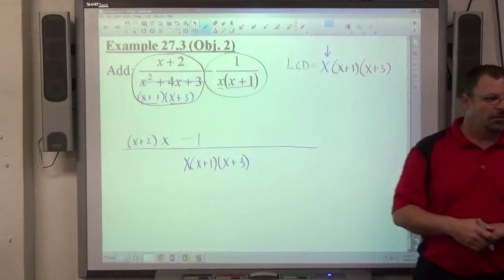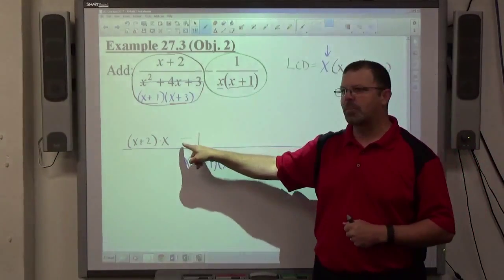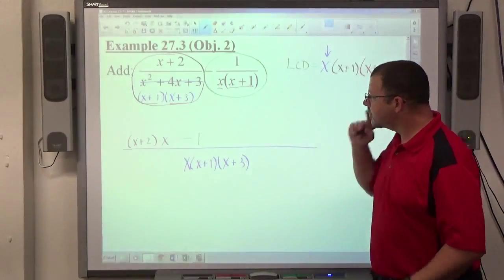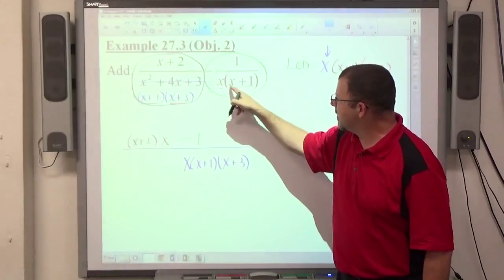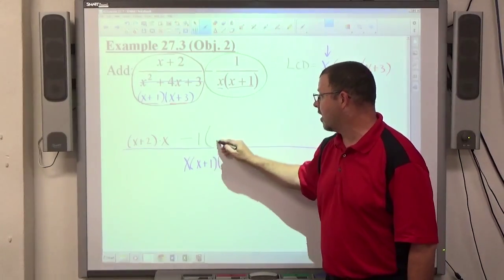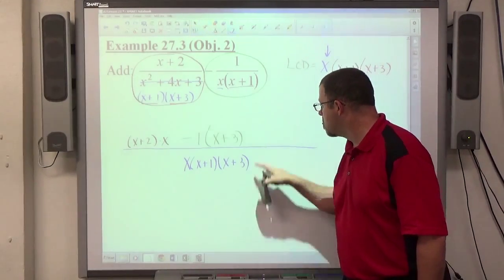Again, I'm trying to make sure that I'm putting enough emphasis on this. There has to be a plus or minus sign here, and it has to match whatever was in the original problem every time. Okay. The original problem had x times x plus 1 as the denominator. Now it's got x plus 3 extras, so x plus 3 goes here. This was nearly as bad as I thought it was going to be.